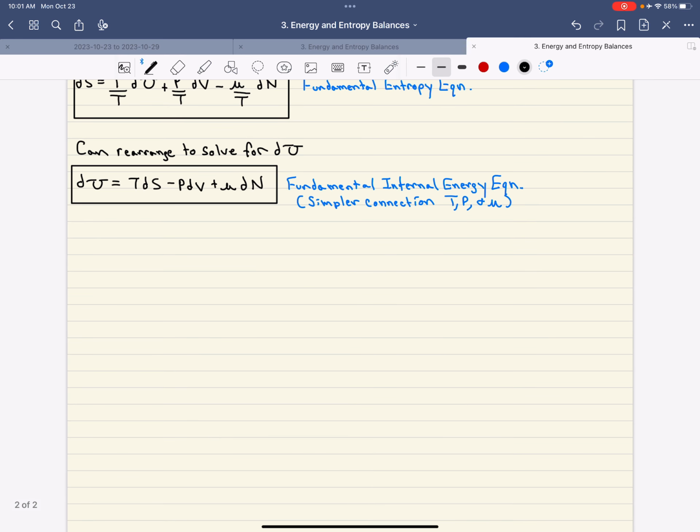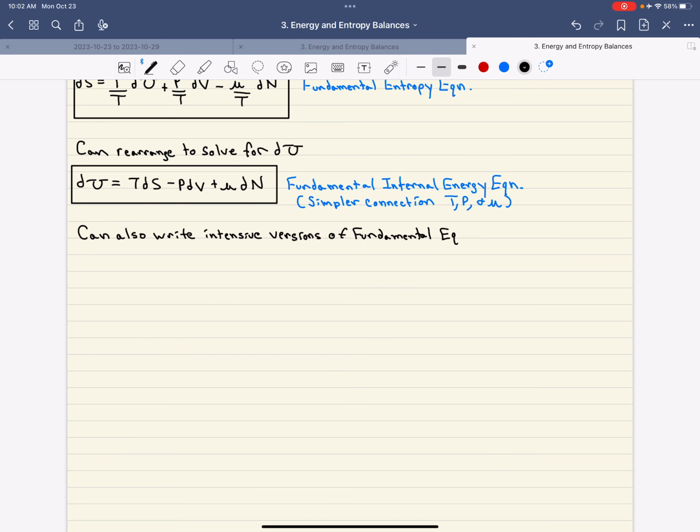We could also write intensive versions of these fundamental equations.